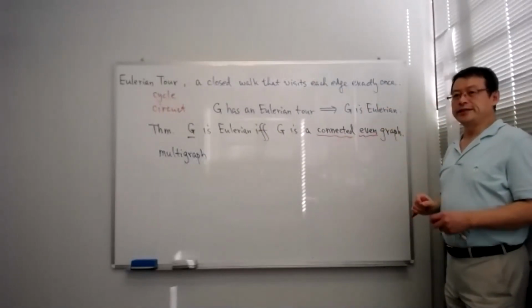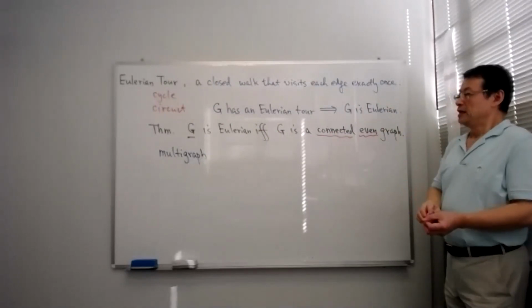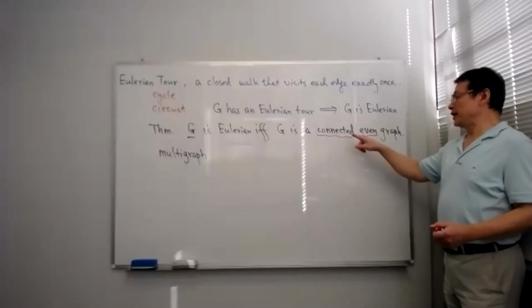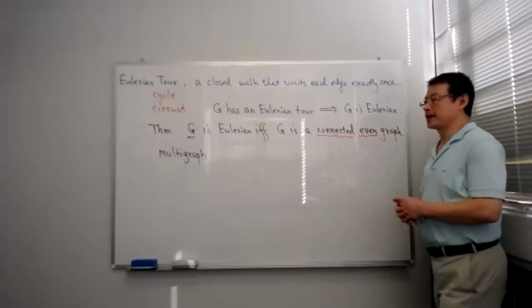So in this case, our proof will be constructive. All right, so we're going to prove that whenever G is connected and even, we always have an Euler tour. Okay.